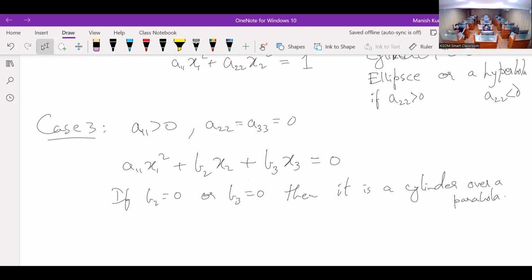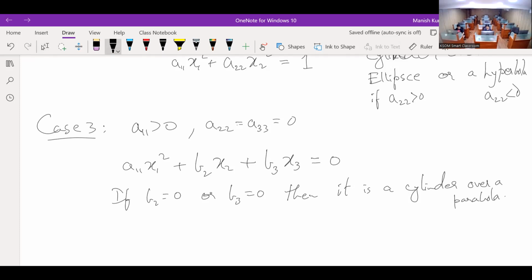The point is you can change coordinates in the x2, x3 axes such that B2 x2 plus B3 x3 is one of the lines, and on the perpendicular line there is nothing happening.